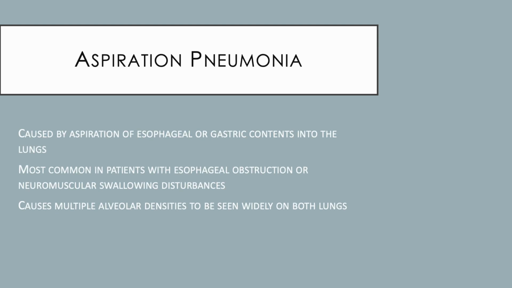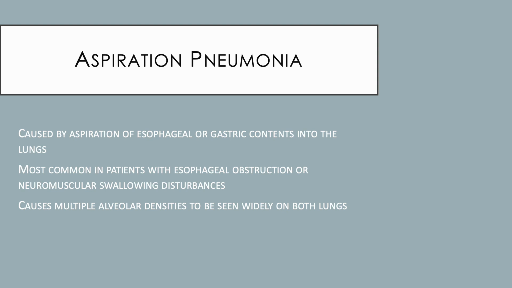Aspiration pneumonia can be caused by aspiration of esophageal or gastric contents into the lungs. Things like food, liquid, saliva, vomit, or small foreign objects are commonly inhaled instead of swallowed.